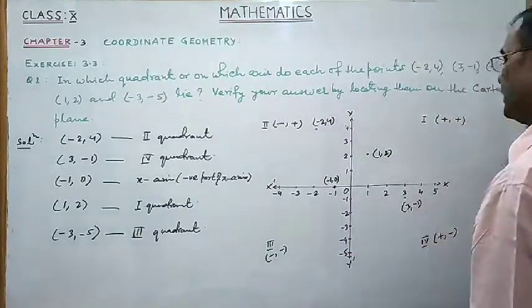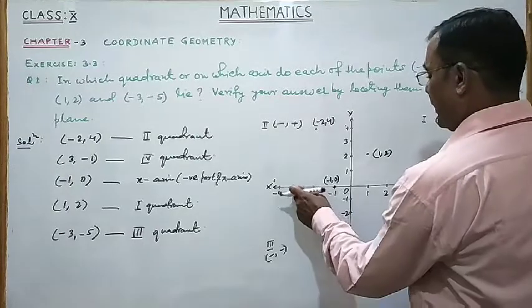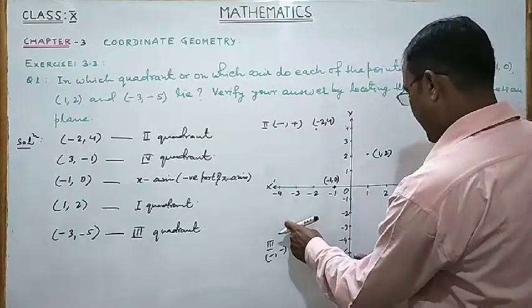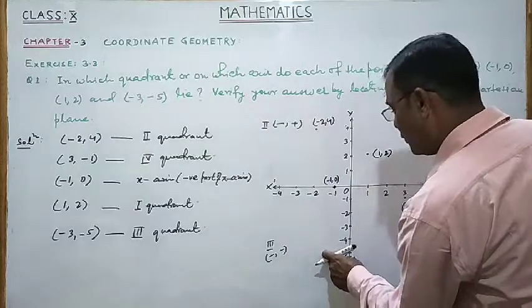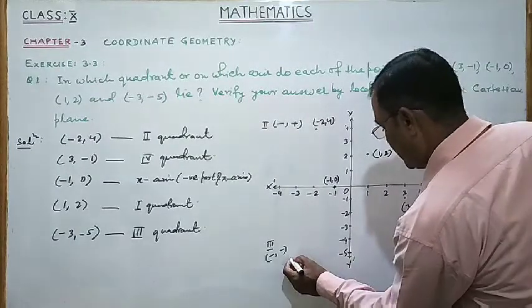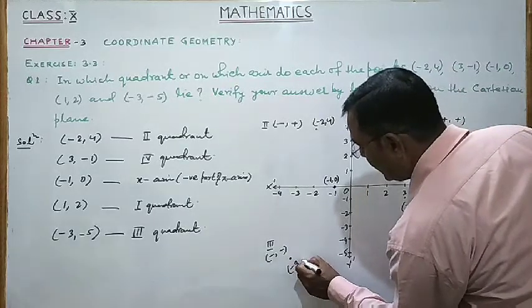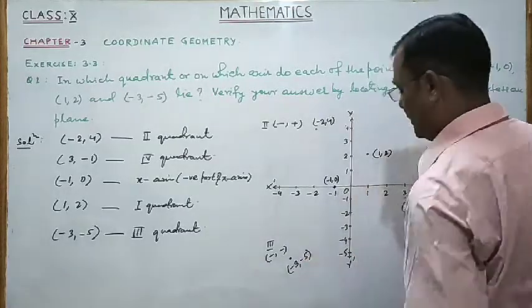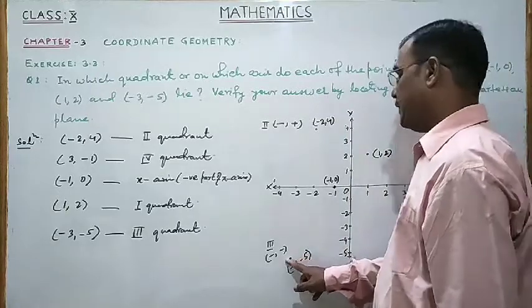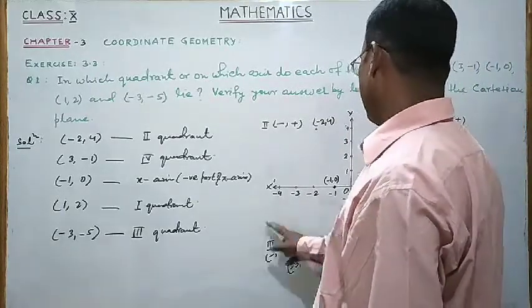Next point (-3, -5). X equal to -3, y equal to -5. So this point (-3, -5) lies in third quadrant.